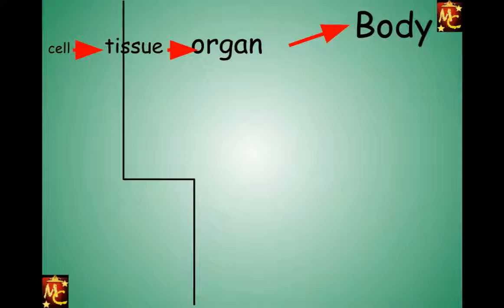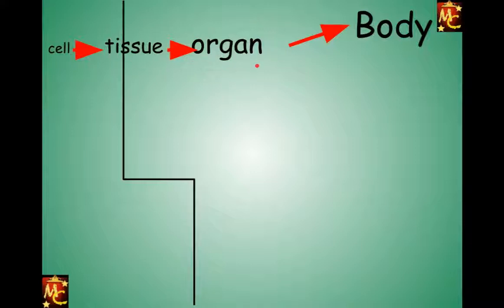Okay, and if we see this picture here, this is one cell. The same kind of cells will make tissues, and then many tissues will make the organs.